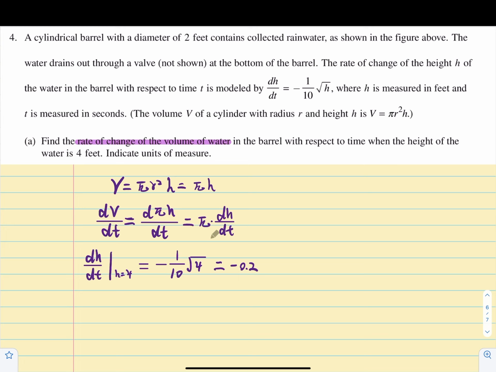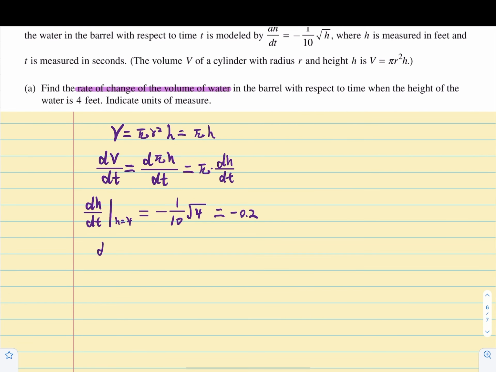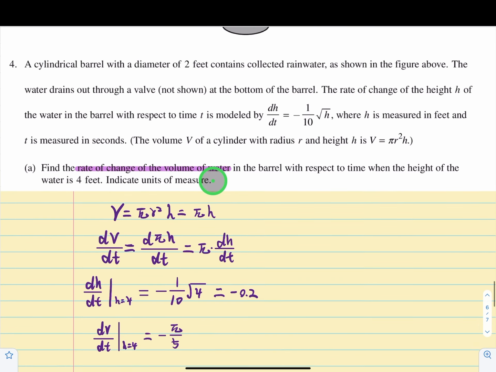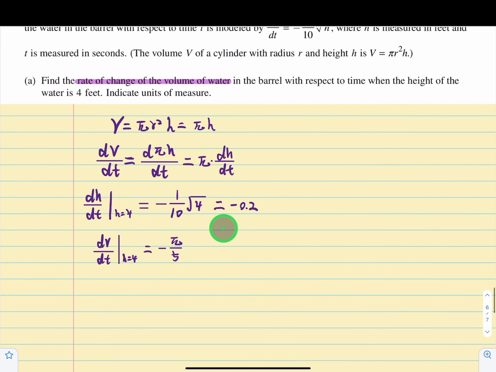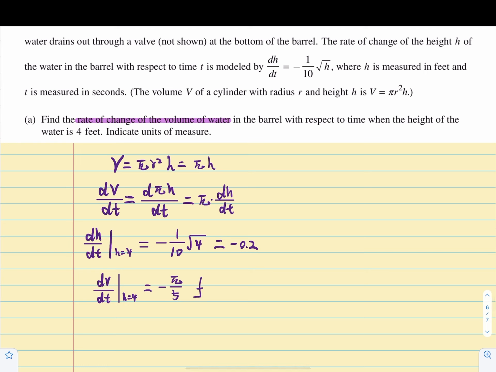We substitute it back: dV/dt when h equals 4 will equal negative 0.2 pi, or negative pi over 5, and because it's volume, we have feet cubed per second.